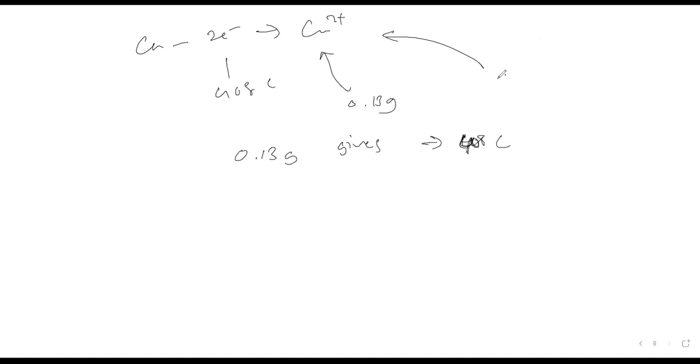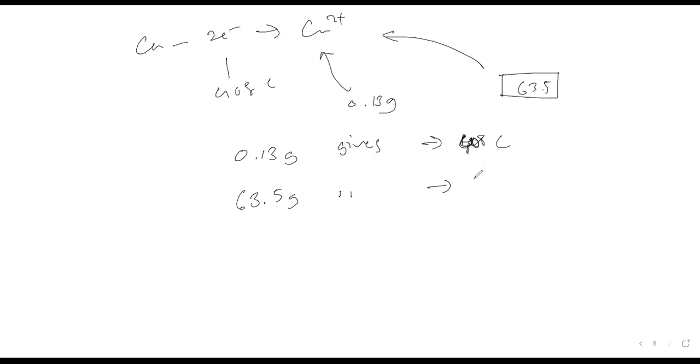Remember, 1 mole means the Mr or Ar, the value we usually find in the periodic table. So Mr means the value given in the periodic table, which is the mass of 1 mole of that compound. Here, in the periodic table, it is 63.5. So we need to find how many coulomb, how much charge, 63.5 gram gives rise to.